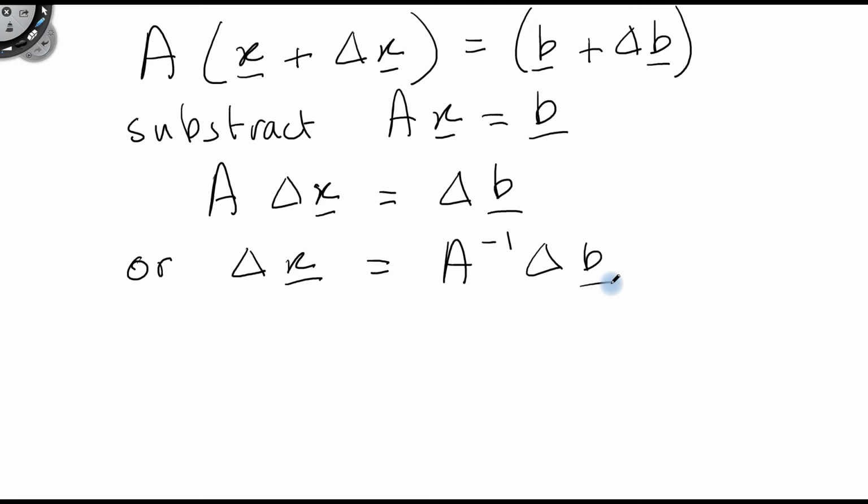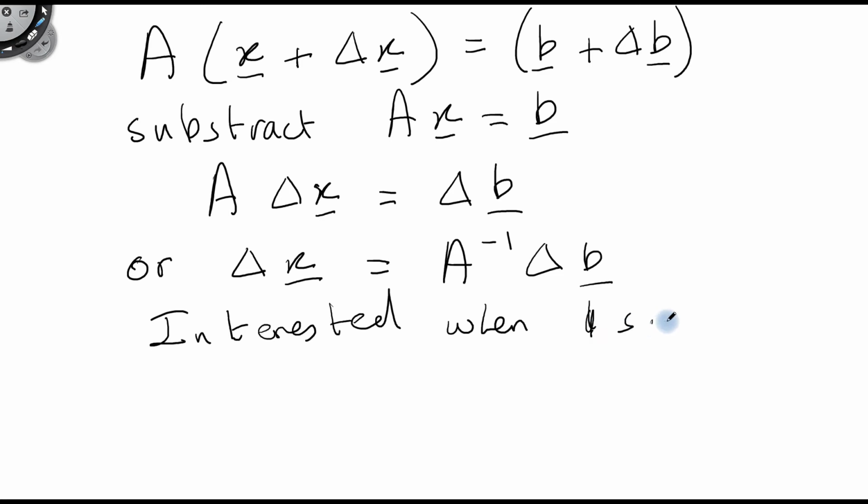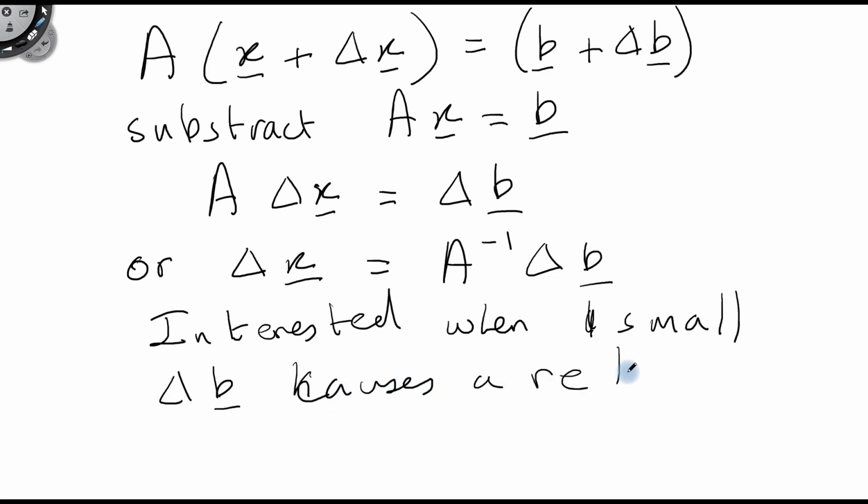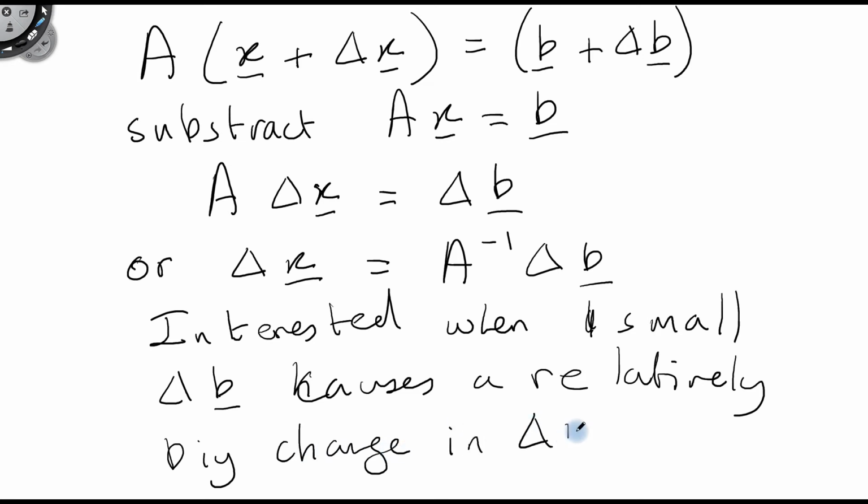So we're going to use this idea to understand this. We're interested when a small delta b causes a relatively big change in delta x.